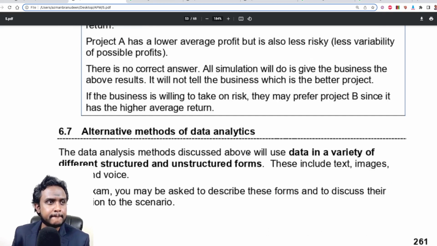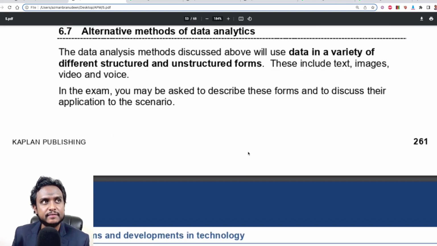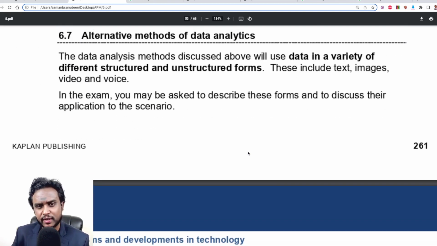Finally, with respect to data analytics, what we need to understand is that beyond all of this, with the modern information technology age, the digital age, digital 4.0, there are new versions and new types of analytics that are being invented on a daily basis.